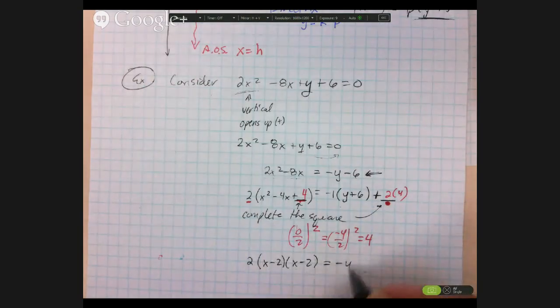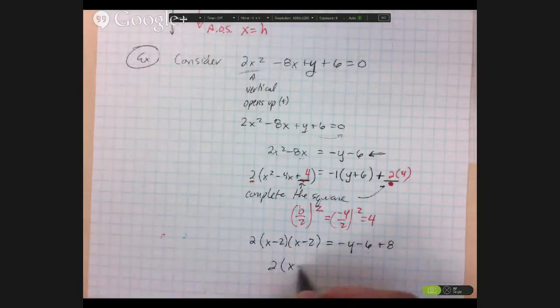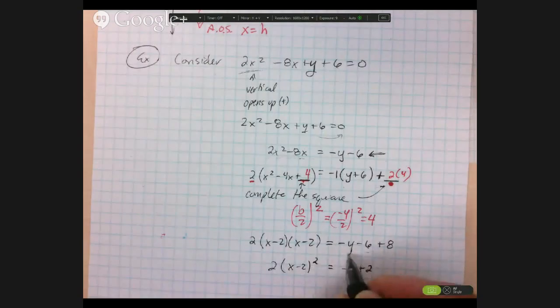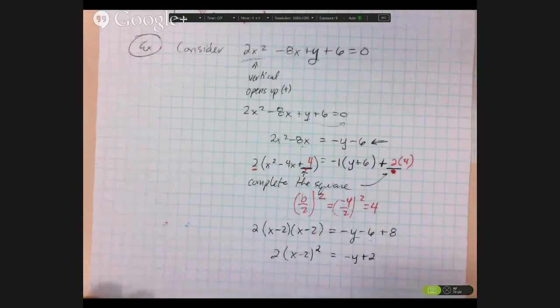And I'm going to actually put this back where it was. Are you with me? Completing the square. So we end up with that. Better? And we just have to manipulate it a little bit more.